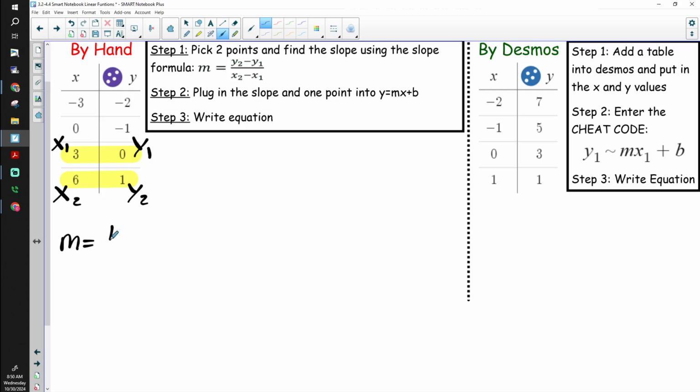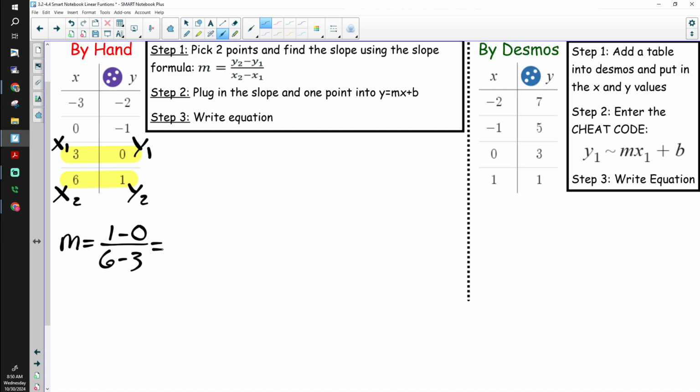So I'm going to do 1 minus 0 on the top. See why we picked those nice points? How easy is 1 minus 0? Easy peasy. On the bottom, x2 minus x1. 6 minus 3.